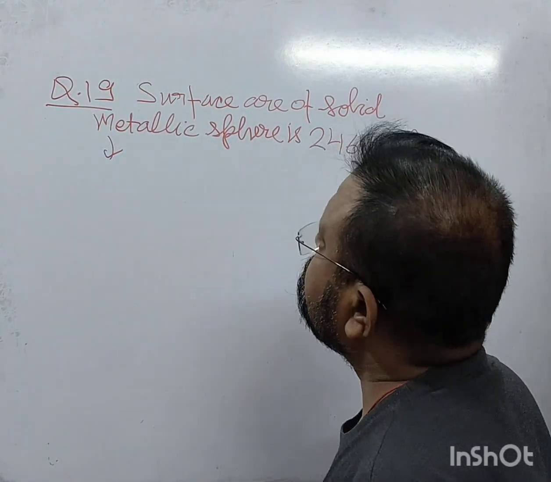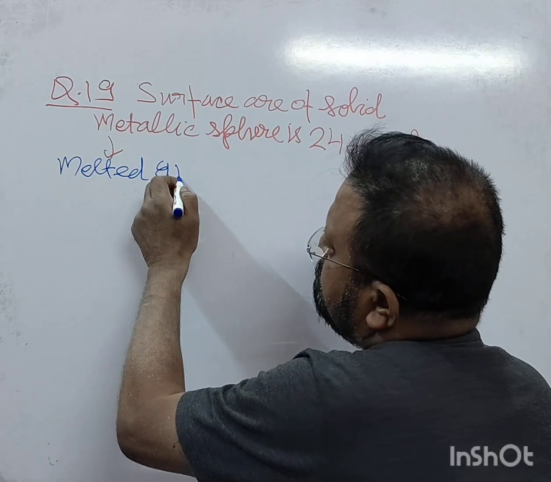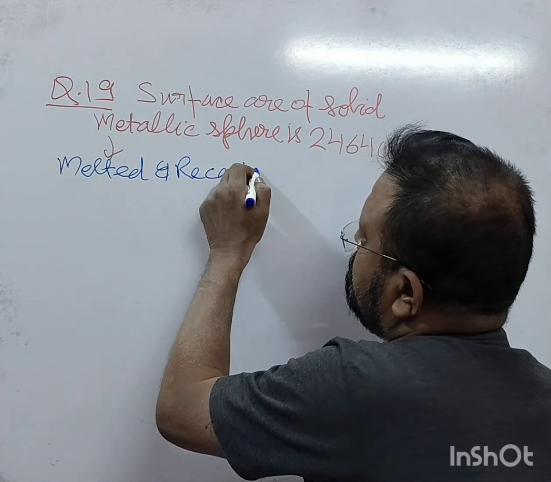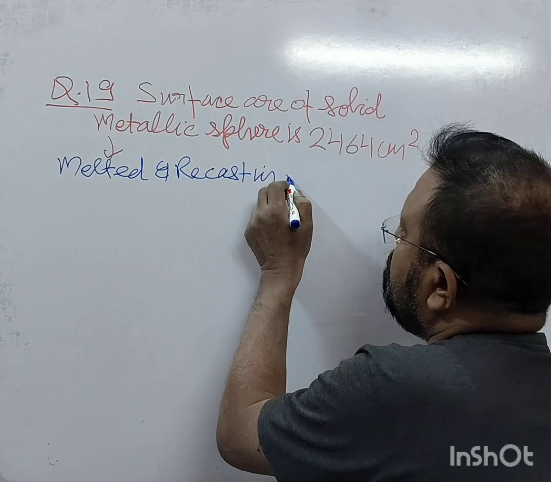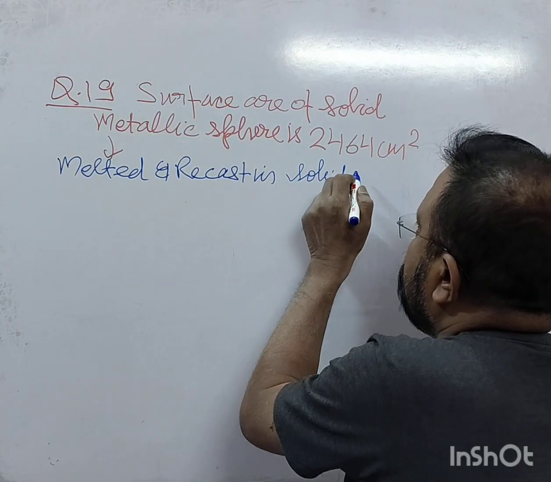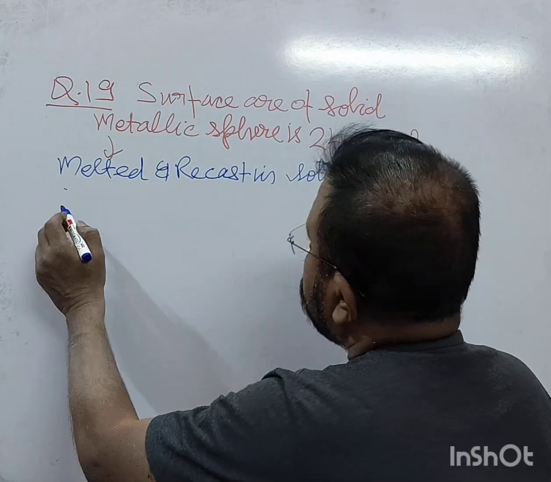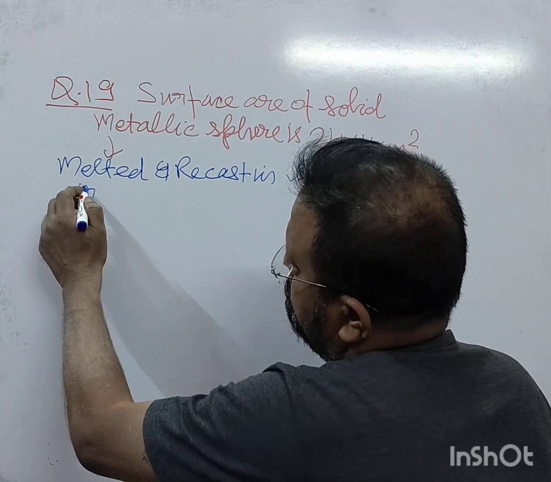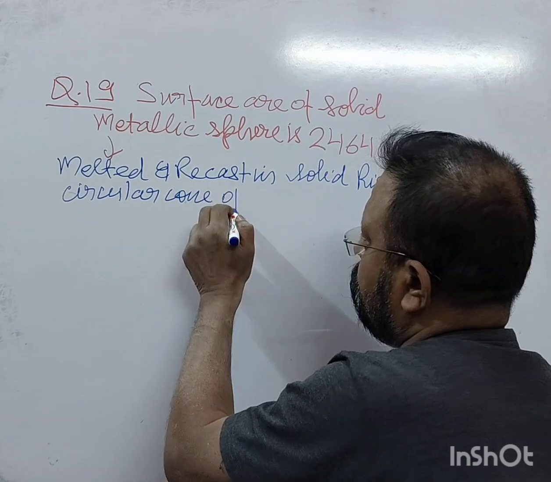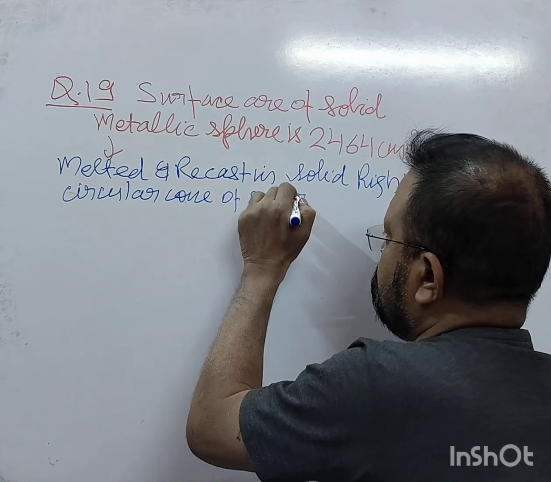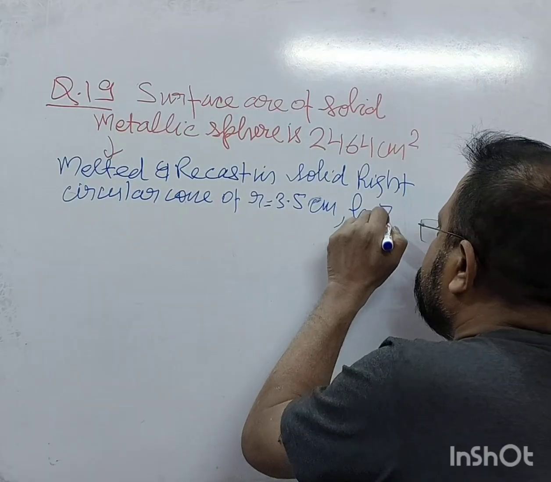It is melted and recast into solid right circular cones of radius 3.5 and height 7 centimeter.